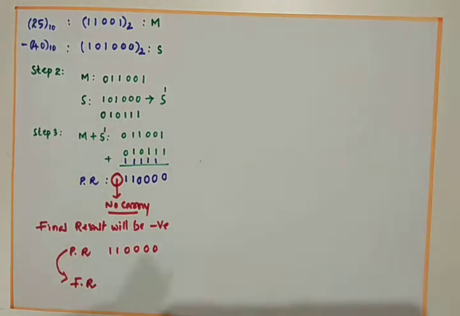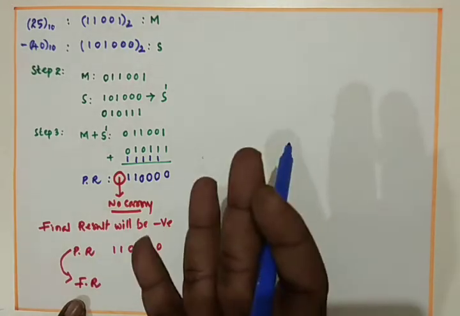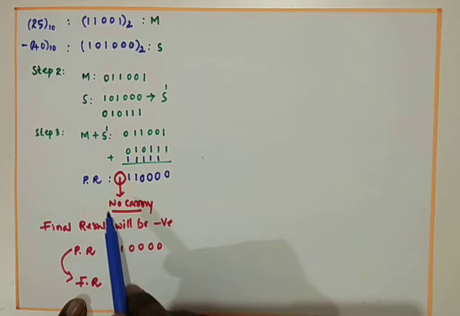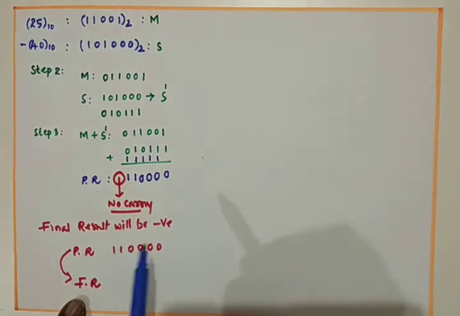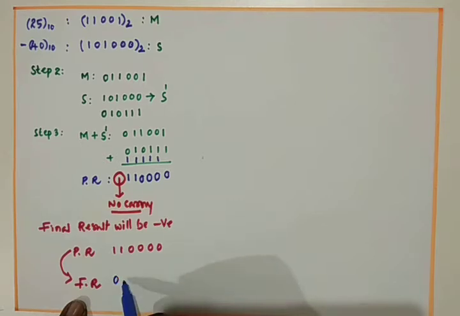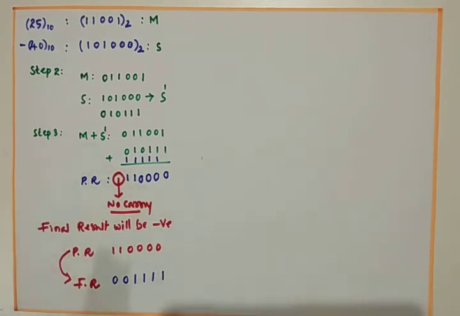If there is no carry in the primary result, we assume the result is negative, and to get the final result we take the ones complement of the primary result, so that the 1s will be 0s and the 0s will be replaced by 1s.